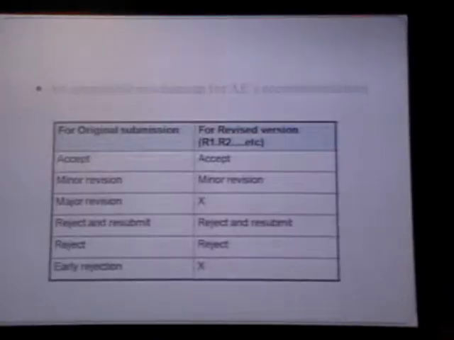We currently only accept online submissions. After you submit your paper, there are some possible outcomes. For the first decision, there are 6 possible outcomes, from accept to early rejection. Early rejection means that when I get your manuscript, I assign it to a proper associate editor, the AE, to take care of it.